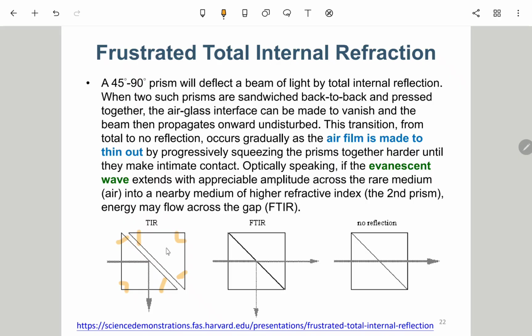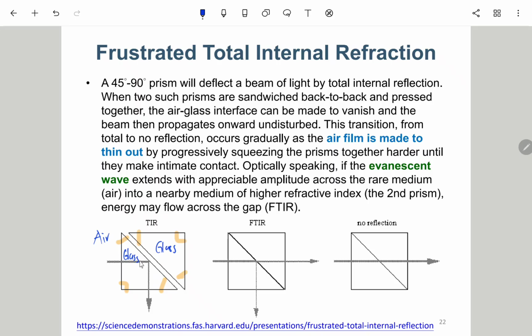These two are supposed to be glass, which has an index larger than 1. Here we assume this is air outside, and this is glass, this is also glass. So the glass has a larger index of refraction.